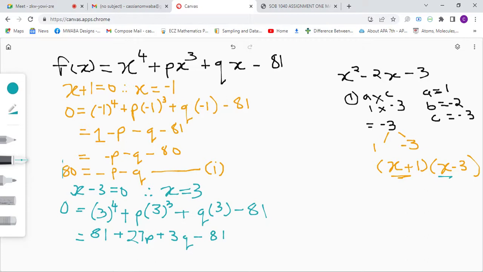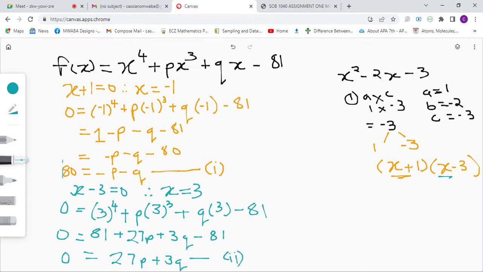So 81 minus 81, that is 0. So equation 2 will be 27P plus 3Q equals 0, because when we take this 0 to the left hand side, you still get 0 here.